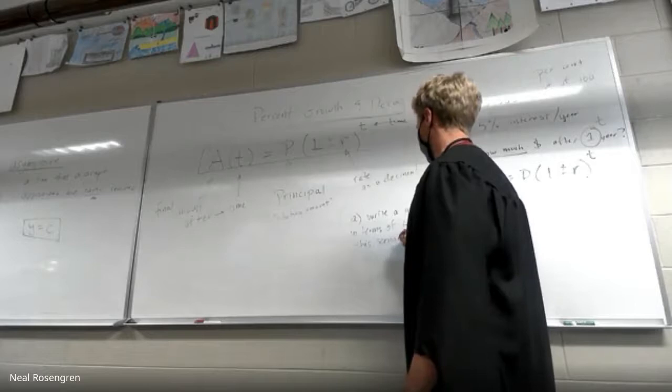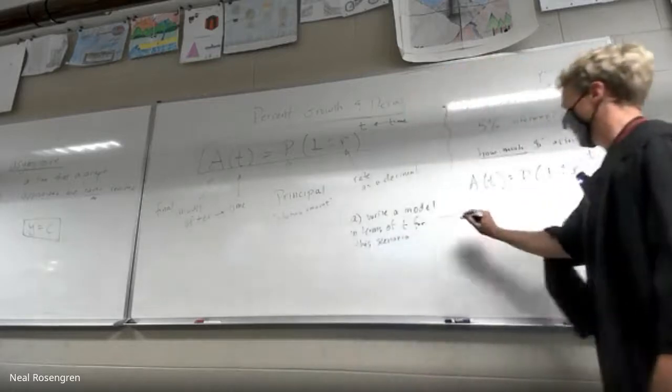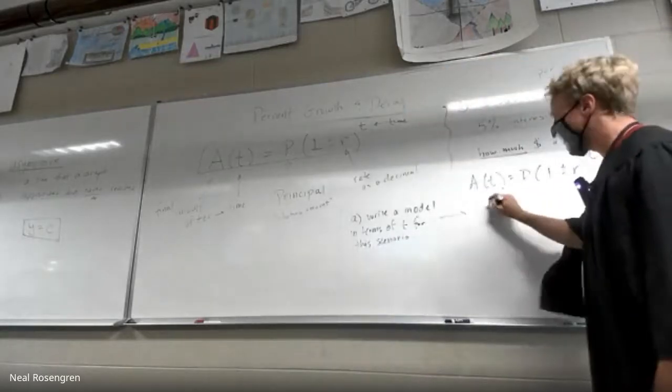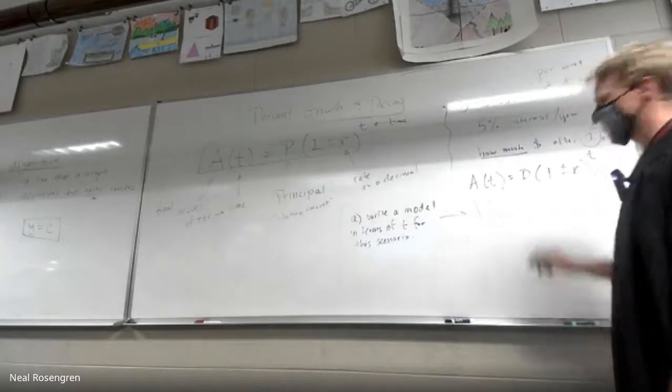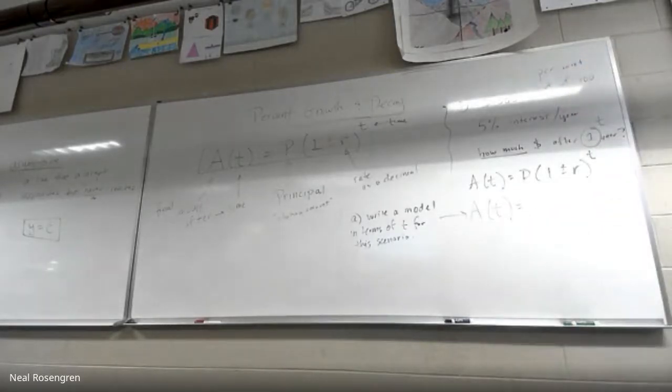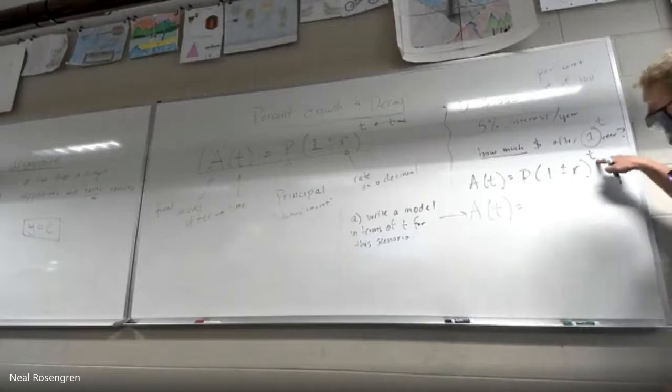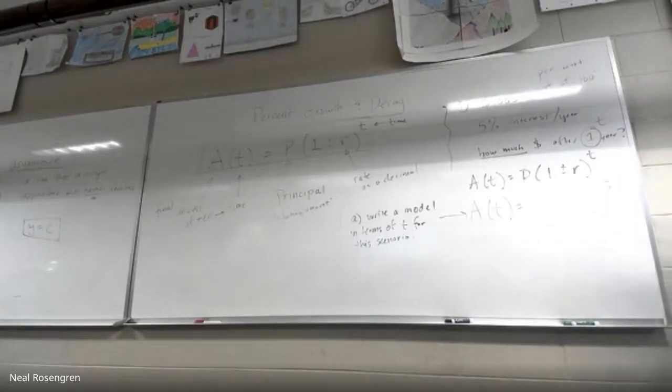I'm just making it up. Don't change t yet. Let's just call it a t, meaning that this t up here is still going to be t. But I want to drop in a number for p, for our principal, and I want to drop in an r, a rate, as a decimal.